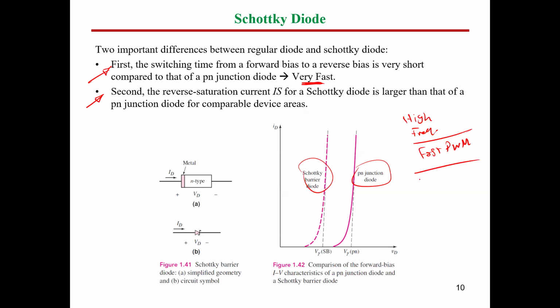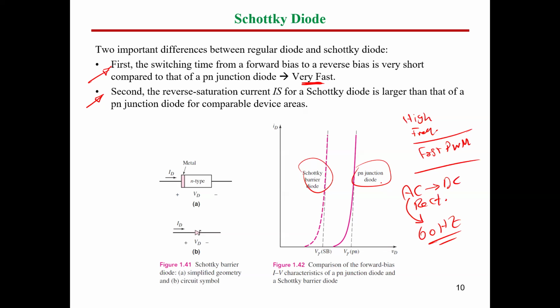But if you are going to use your diode, for instance, in a rectifier circuit, you know a rectifier circuit is converting AC into DC. And you know that the frequency of our AC signal is 60 hertz, so it's not that fast. So we can use a regular PN junction diode in rectifiers.